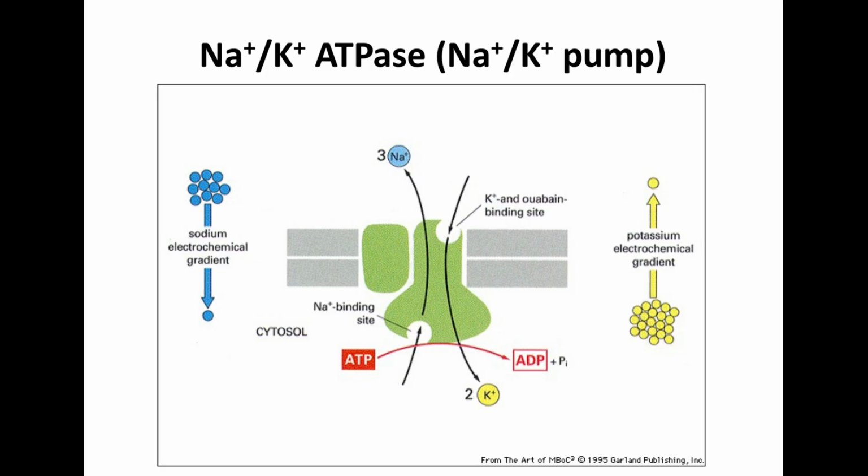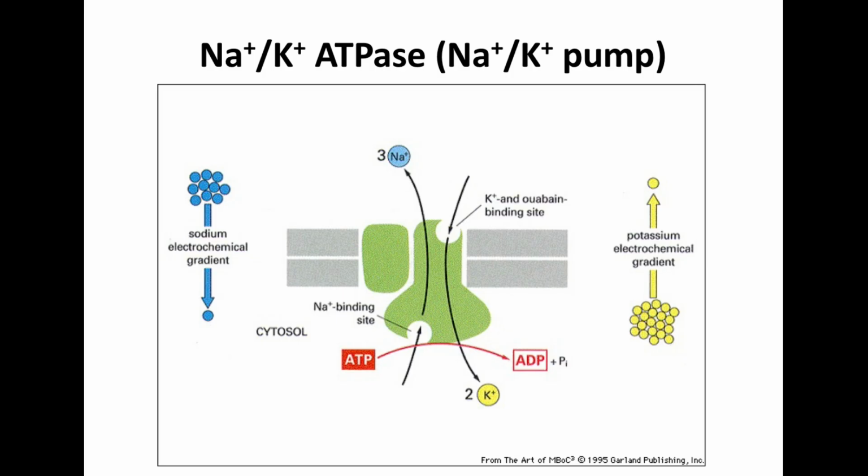Even more detailed studies showed that the pump runs on ATP, and by using one ATP, it pumps 3 sodium ions to the outside and 2 potassium ions inside. In the meantime, this protein has been identified and crystallized, and you can get high resolution structures of this particular protein.